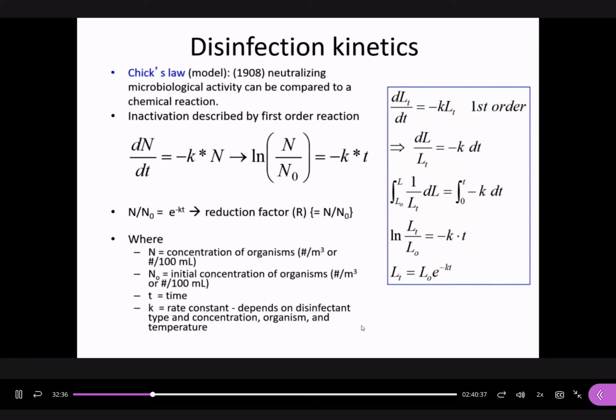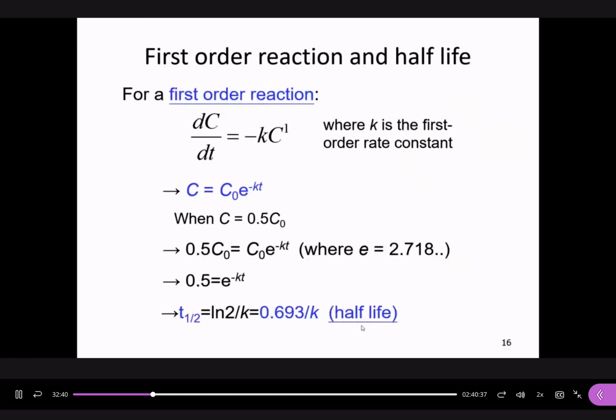This is a mathematical treatment. k is the first order rate constant. And this is the half-life: when the concentration is reduced to half of the initial value, the time it takes is the half-life.